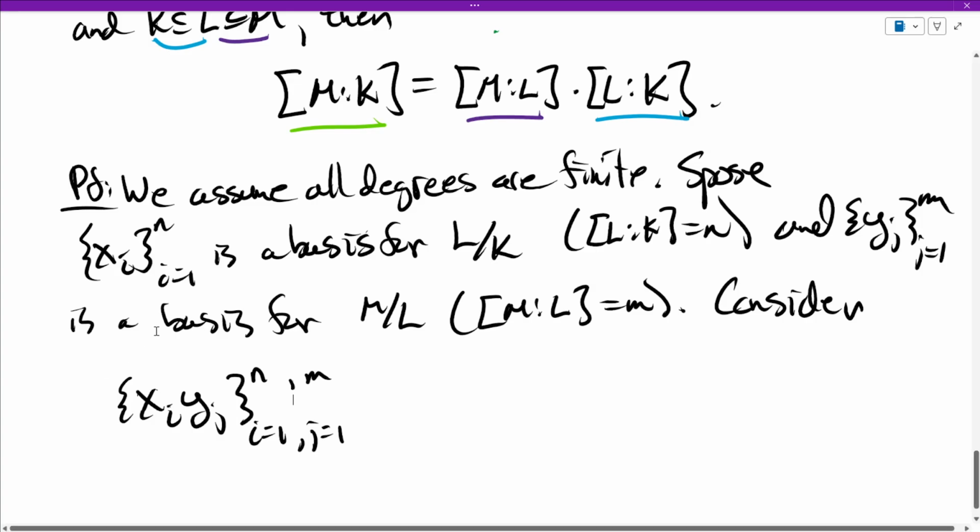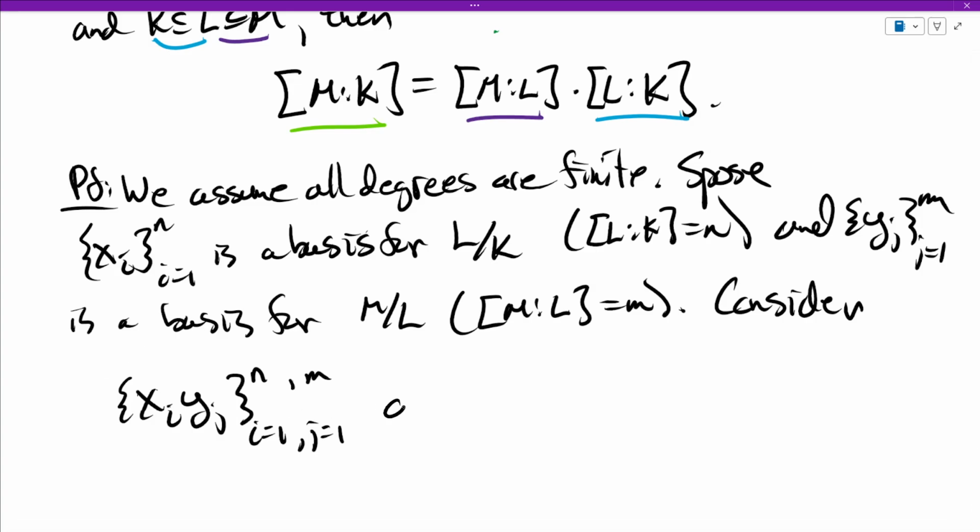We claim this is a basis. To show this is a basis, we have to show that it is linearly independent and it spans. Or we can show that every element of M is uniquely represented as a combination of these, and that's a little bit tricky.